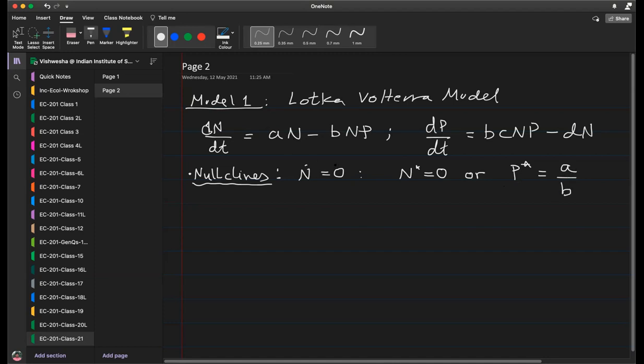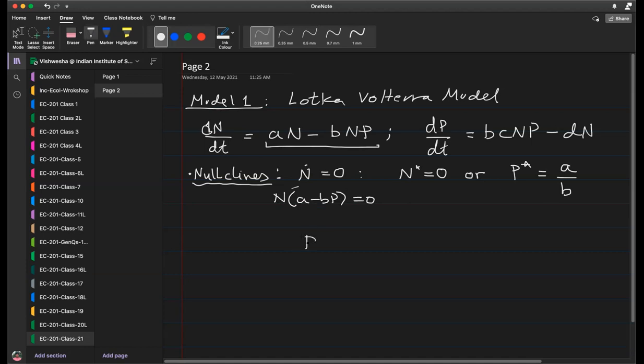Is that clear? I did not write the equation explicitly. All that I've done is in this equation, I have taken N as the common factor. Then what you have is N into a minus bP is equal to 0. So you can get 0 by either setting N equal to 0 or this equal to 0. And those are the two null lines that I have for N dot equal to 0.